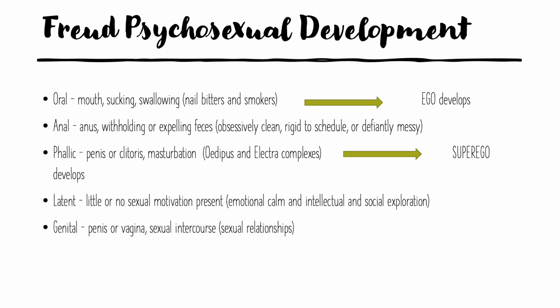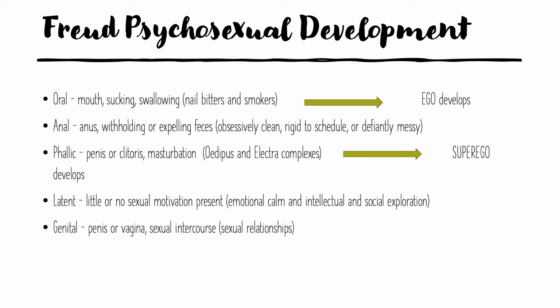By the time one is 5 to 6 years old, the superego is developing. It's the part of our personality that knows right from wrong, should from should not, and can make us feel anxious and guilty. Freud saw the ego as a mediator or referee between the id and the superego.